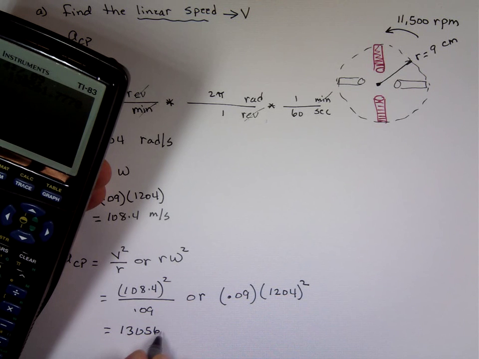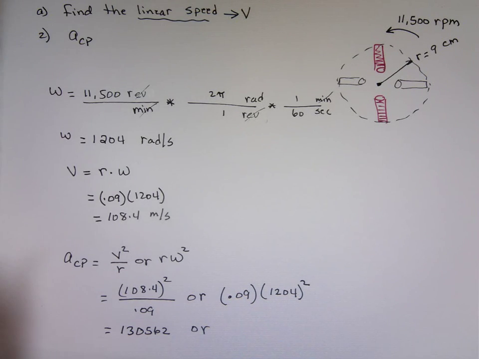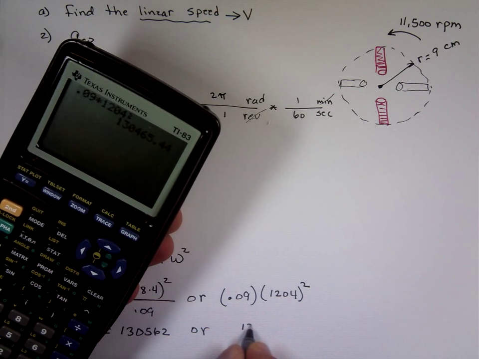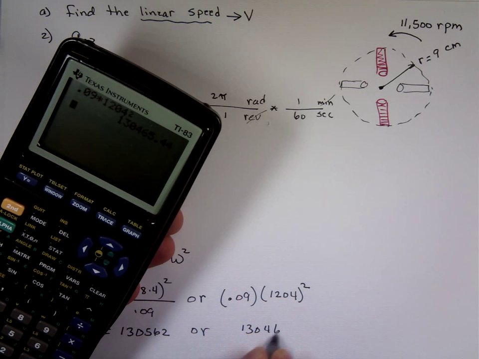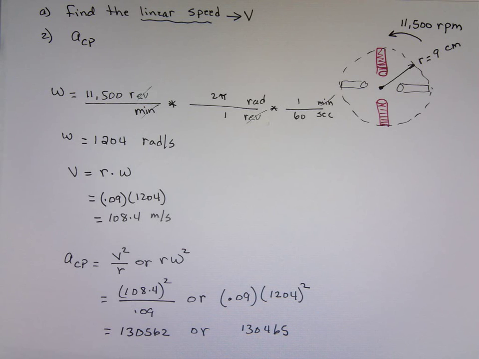130,562. Or, if I use that equation, 130,465, and I'm sure that's just rounding errors because you're squaring that number.